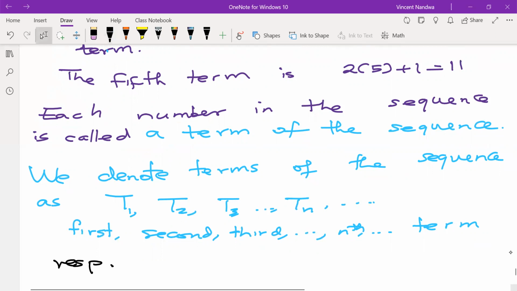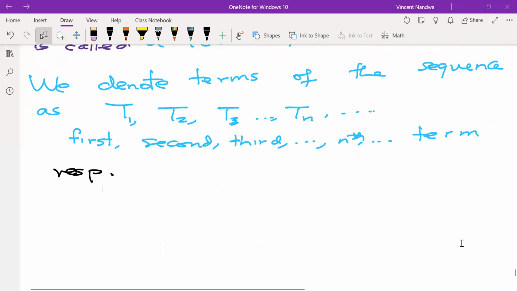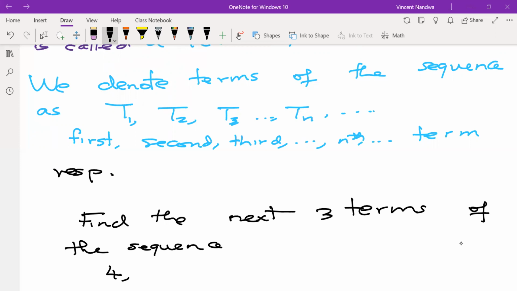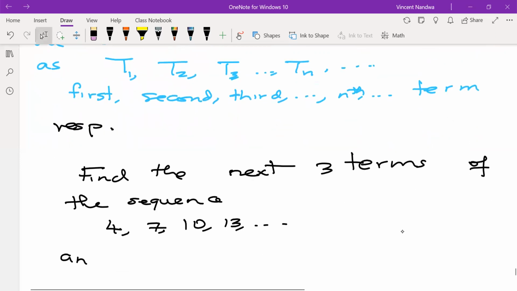So therefore, we can have some examples here. Find the next three terms of the sequence 4, 7, 10, 13, and find a rule that governs the sequence.